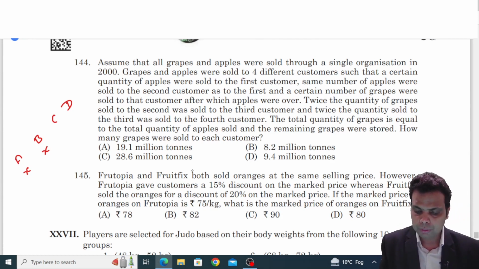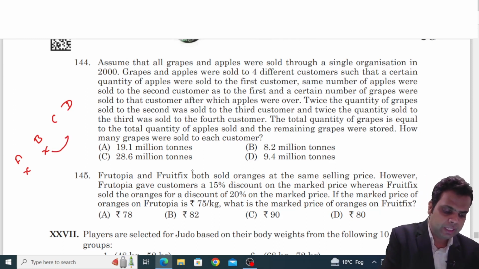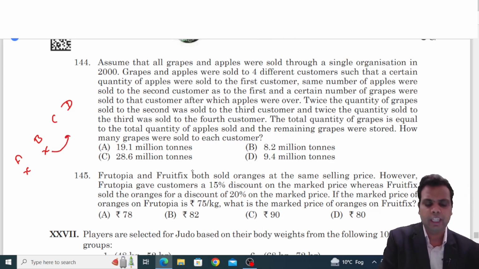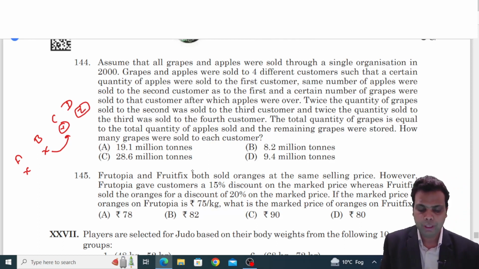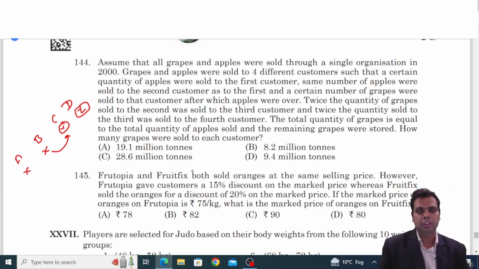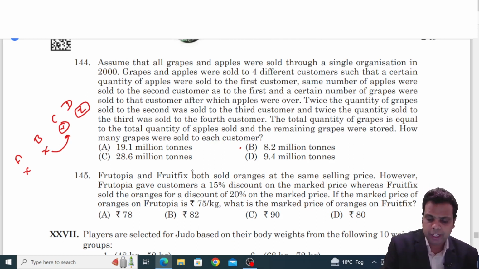Now further it will give a certain number of X, right? Some percent is given here. Let's take Y, and here also let's take Z, right? Similar type of question is given. Now the answer will be 8.2 million, right?